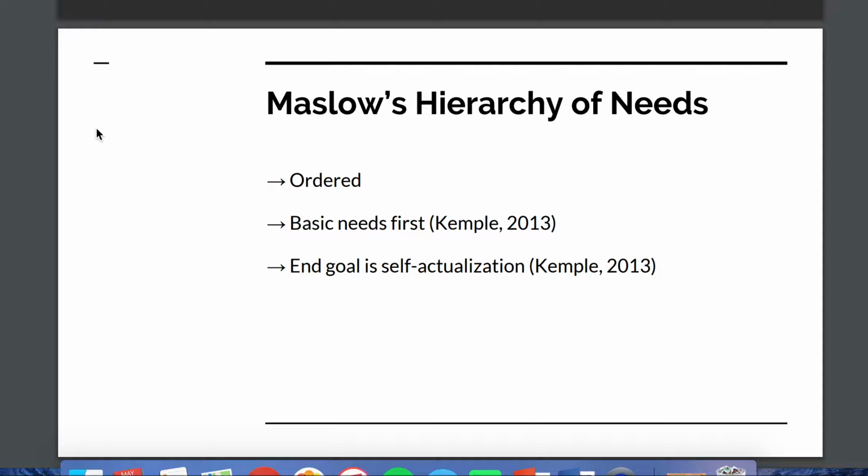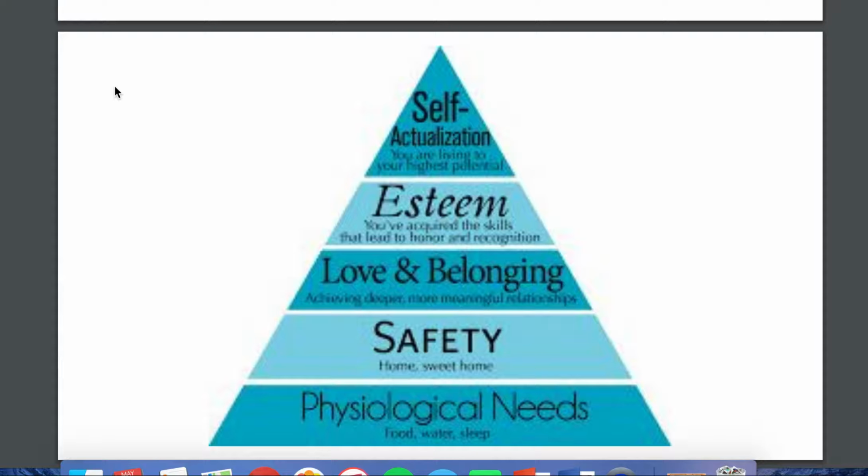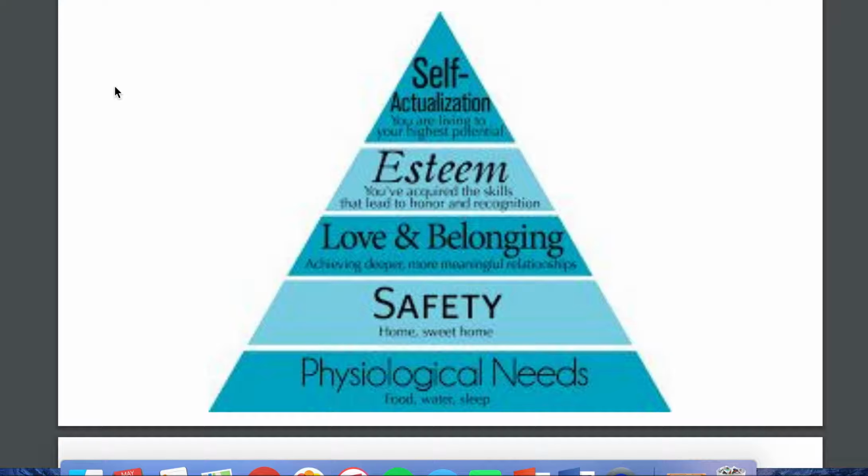Personally, I think that there are a lot more people that reach self-actualization, but maybe not to the extent that Maslow was originally theorizing. So here's a model. This is what Maslow's hierarchy of needs looks like, and this is a version I found online that I really liked. It talks about this bottom level of a pyramid, and it focuses on food, water, and sleep.